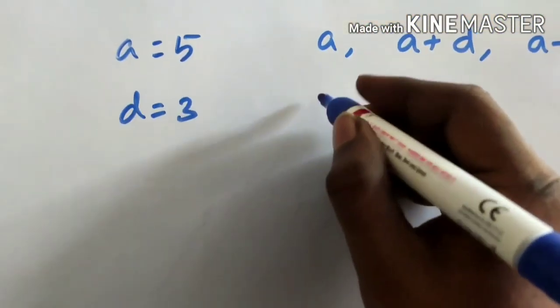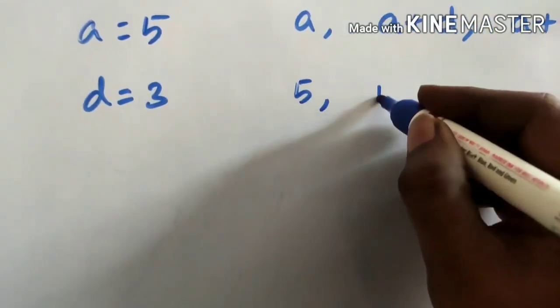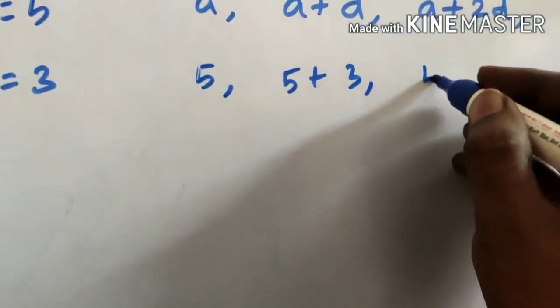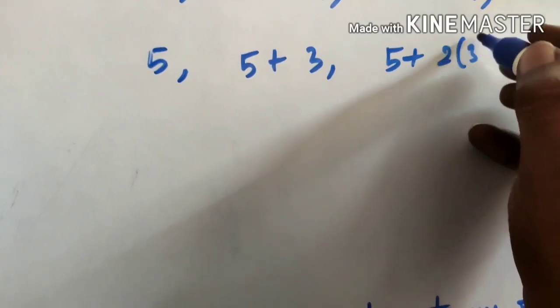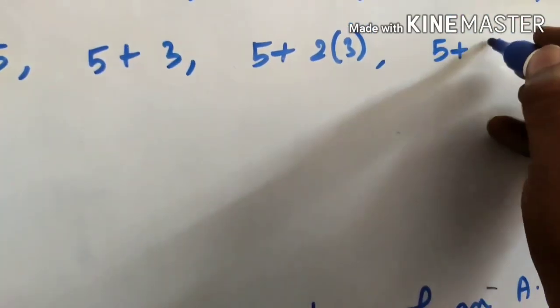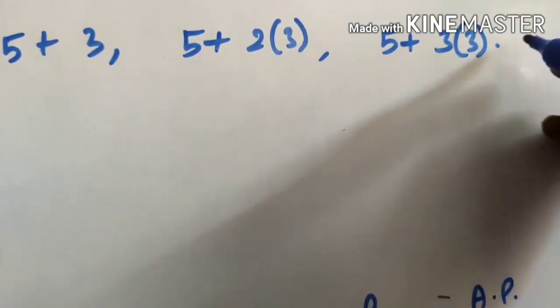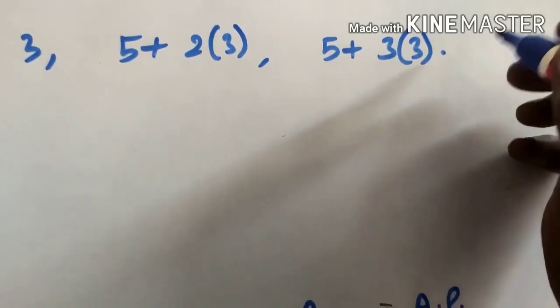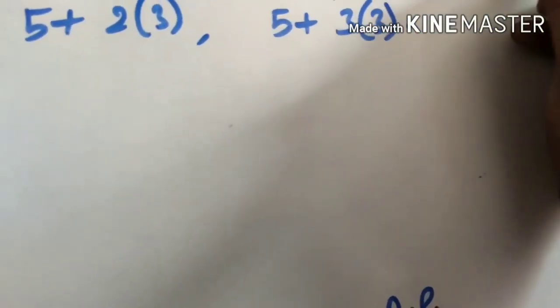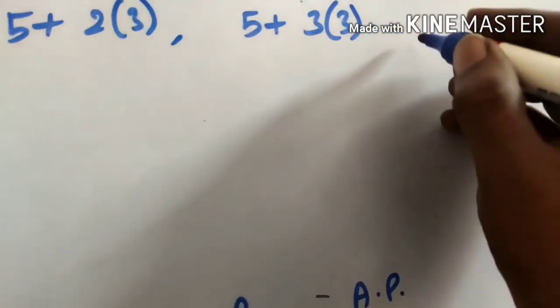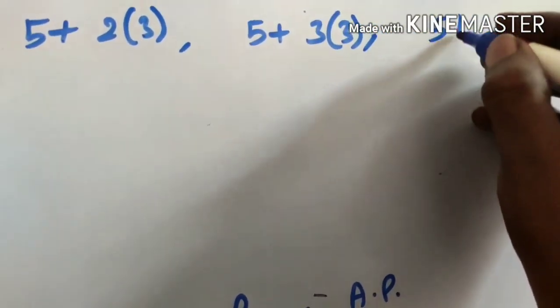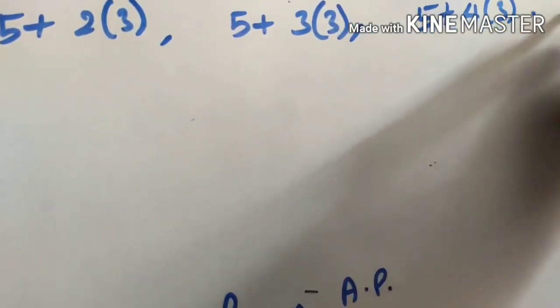See here, if you put 5 here, a is 5, next 5 plus 3, next 5 plus 2 into 3, 5 plus 3 into 3, so like that it goes on. Next also a plus 4d, 5 plus 4 into 3, like that it goes on.